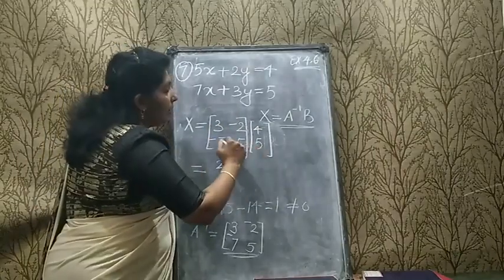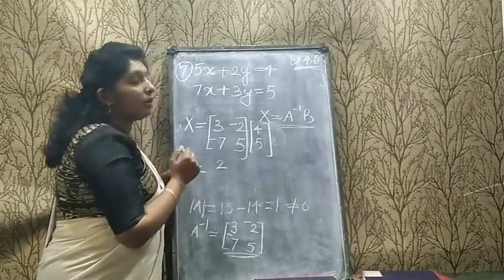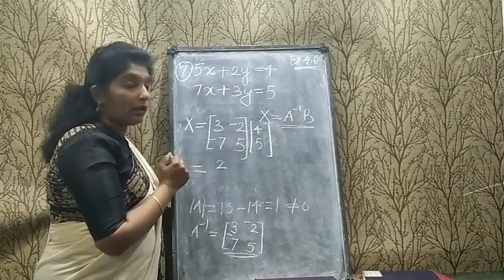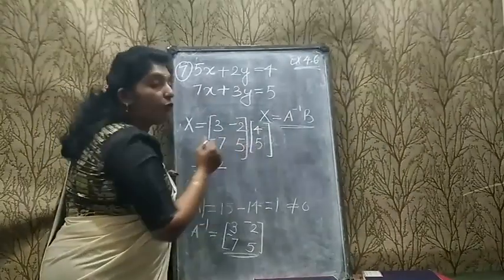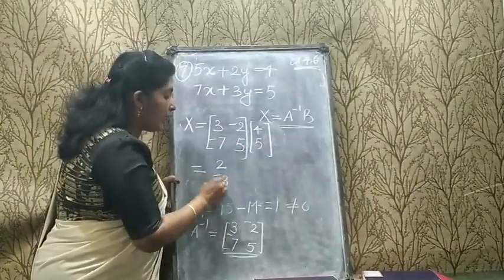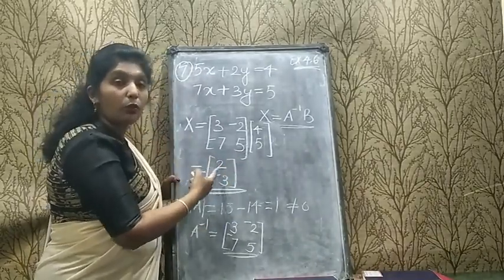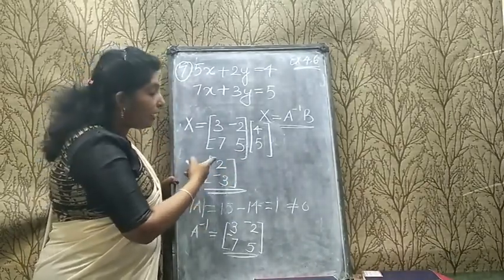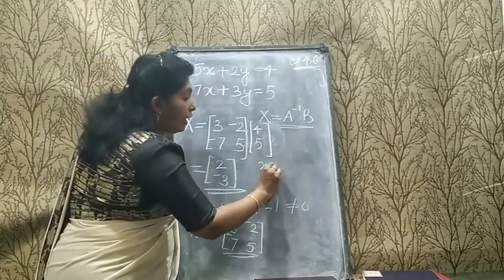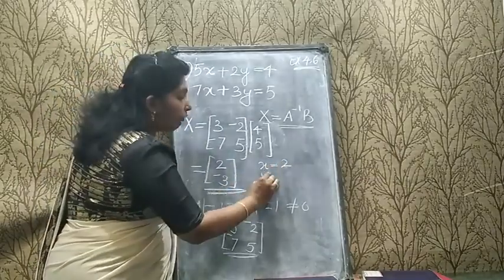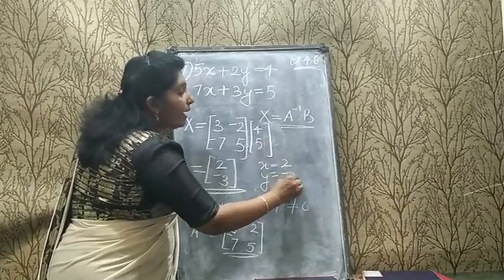Then here 7 into 4, that is minus 28, plus 5 into 5, 25, that is minus 3. So we got the X matrix as [2; -3]. It means the value of x is equal to 2 and the value of y is minus 3.